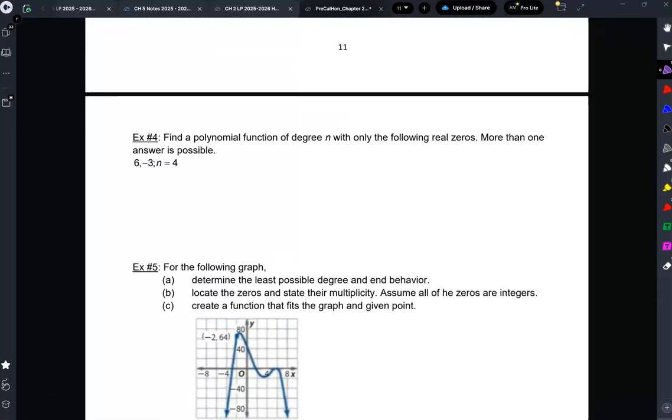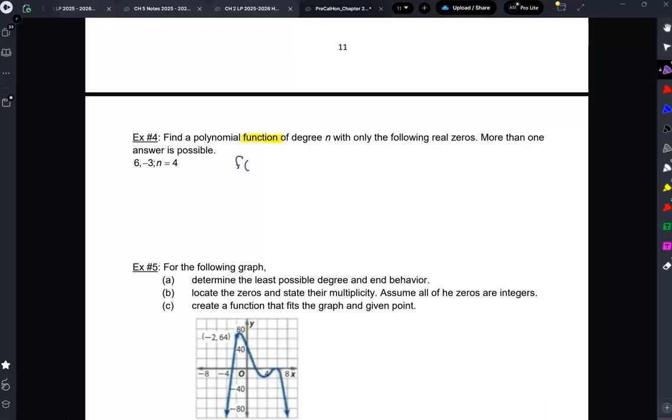Find the polynomial function of degree n with only the following real zeros; more than 1 is possible. First of all, we want a polynomial function, which means we have to write it in function notation.